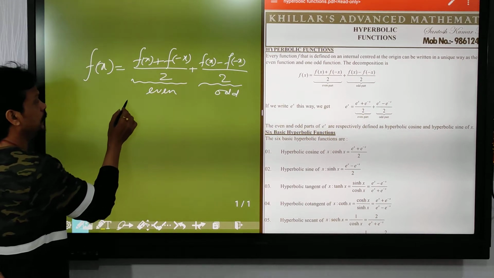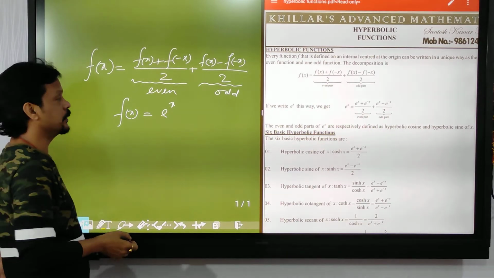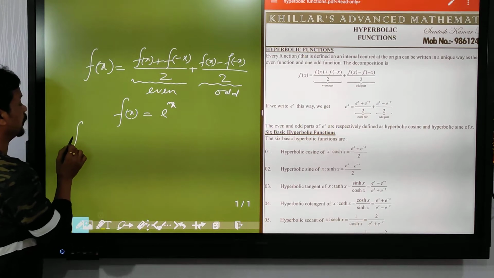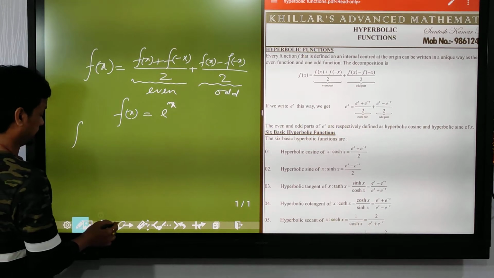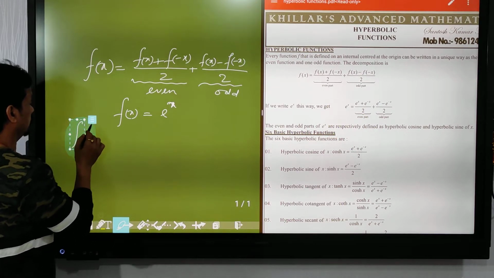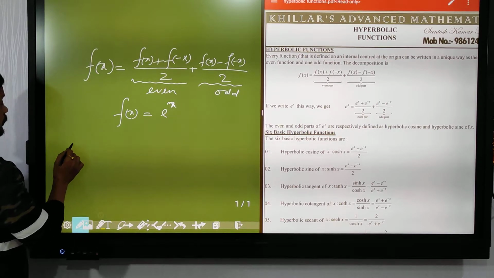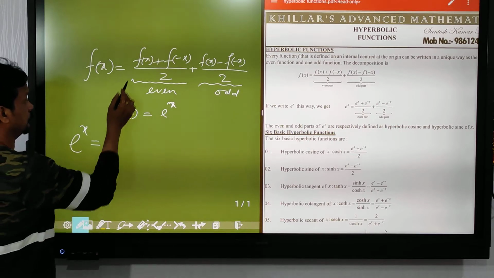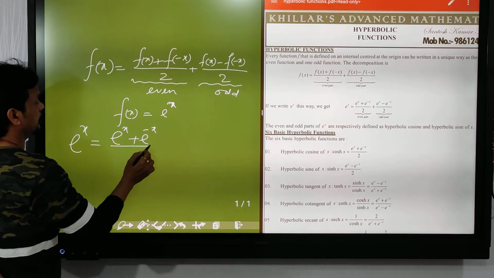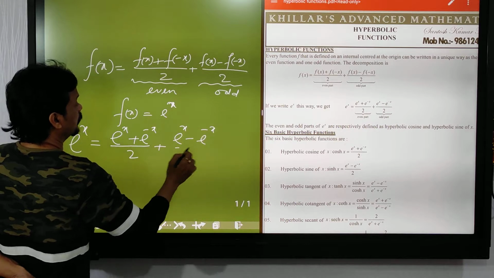And if we take f of x as e to the power x, then the above function will become e to the power x is equal to e to the power x plus e to the power minus x divided by 2, plus e to the power x minus e to the power minus x divided by 2.